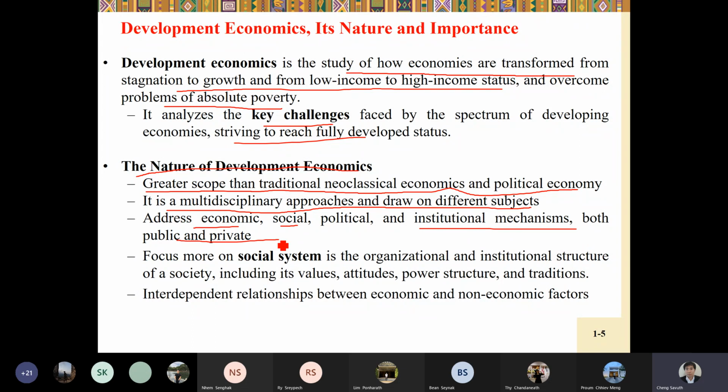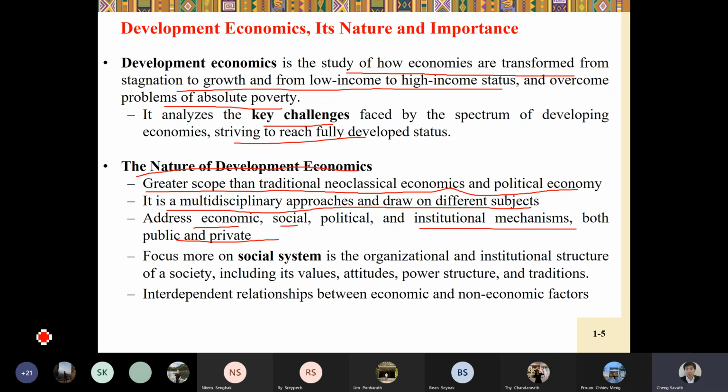In traditional economics, we pay most attention to income, making people have more income, and getting the best benefit from consumption. That's what we did. But in development economics, we go beyond that. We look at social issues like inequality, education, better health, and better respect, freedom, and self-esteem in society, and so on.